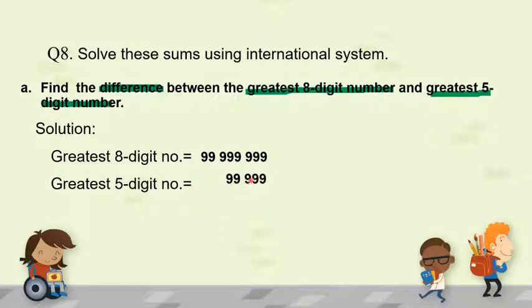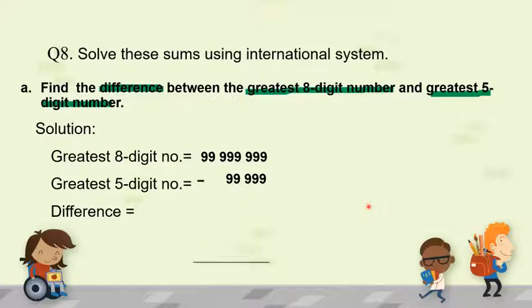You can see this here. So you must know this, that for writing the greatest 8-digit number or 5-digit number, you will write that many times 9. And now we want to calculate the difference, so we have to do the subtraction here.